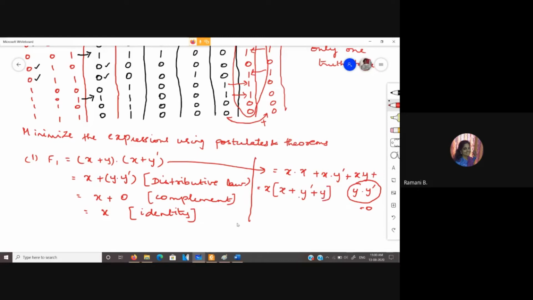Now again with respect to the complement property, this will be 1. So x into x plus 1. So x plus 1 is equal to 1, because irrespective of my value of x, I am going to get a 1. So x dot 1 is equal to x. Okay. Anyway, you could prove this. Sometimes these types of problems will be asked for 2 marks, or they may come for 6 marks as well.